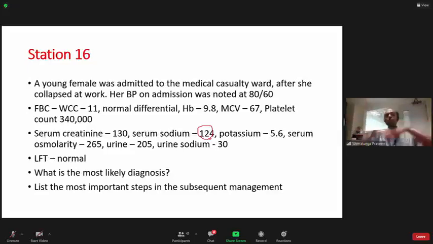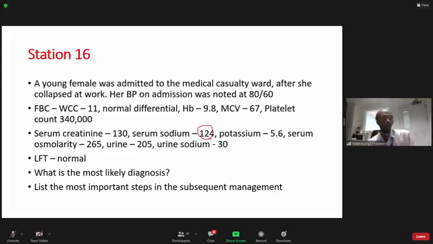Then in the middle you have euvolemic hyponatremia. Euvolemic: the body fluid volume does not change, and they are hyponatremic. There are three important causes of euvolemic hyponatremia, and that's what they ask you for the exam also.